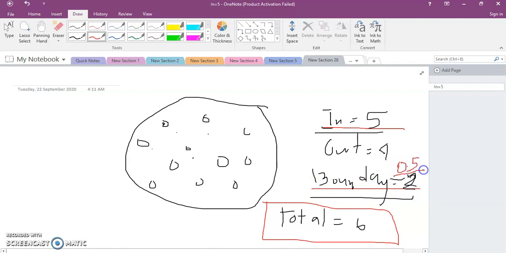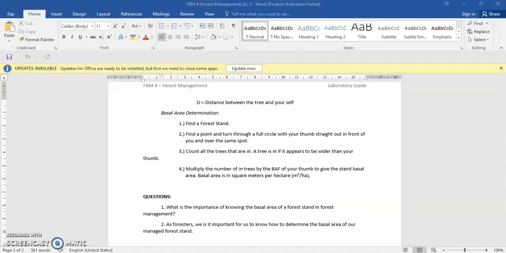So 0.5 plus 0.5 is 1, and then the 5 in trees, so that is 5 plus 1, total 6. Multiply the number of in trees by the BAF of your thumb to give the stand basal area. Basal area is in square meters per hectare.